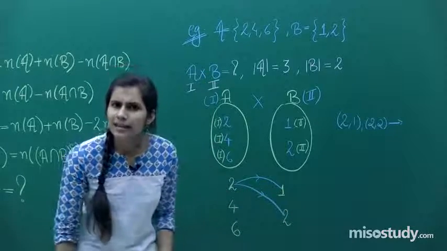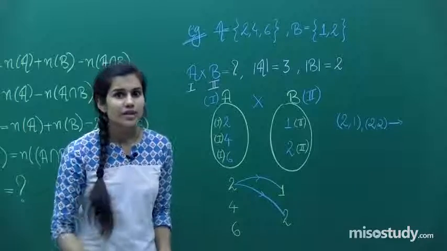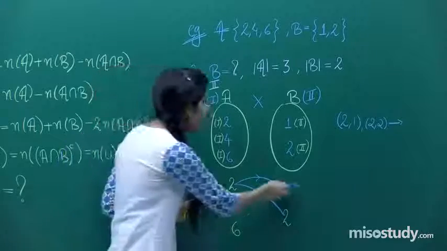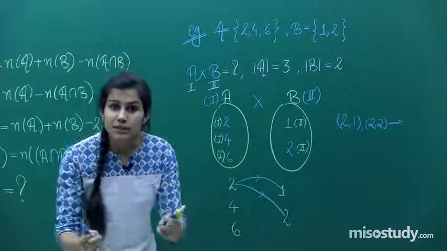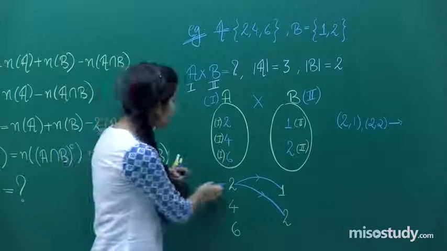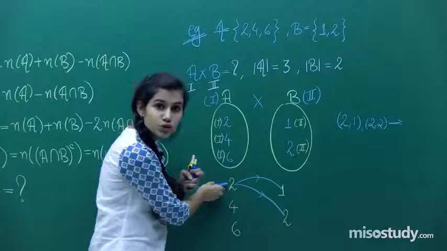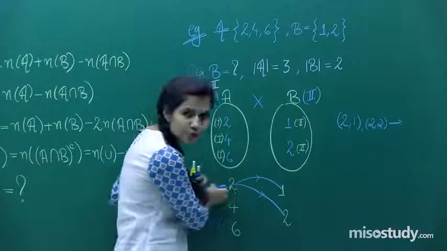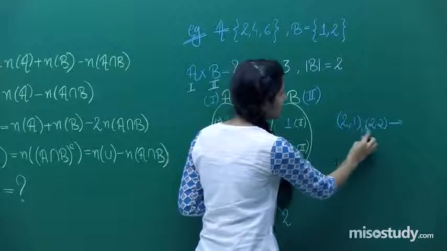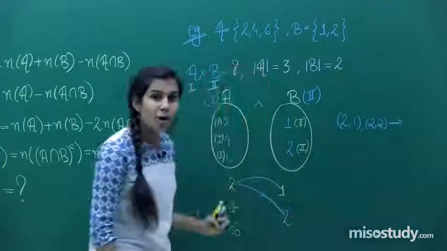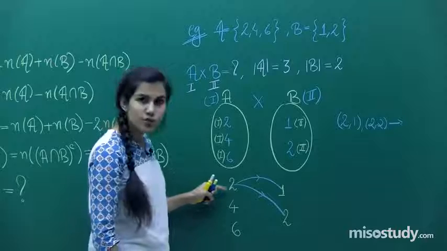How many pairs am I getting? 2. What is 2? Basically, how many members there are sitting inside set B, those many pairs I am getting corresponding to my element 2. Therefore, this 2 is fixed at the very first place. How many pairs am I getting with the help of this 2?